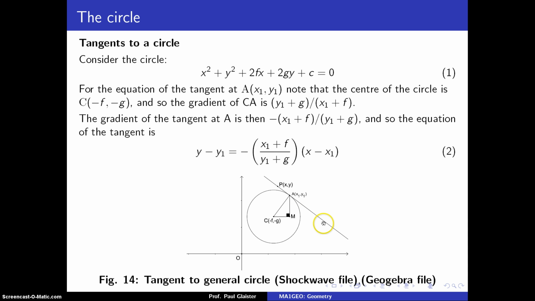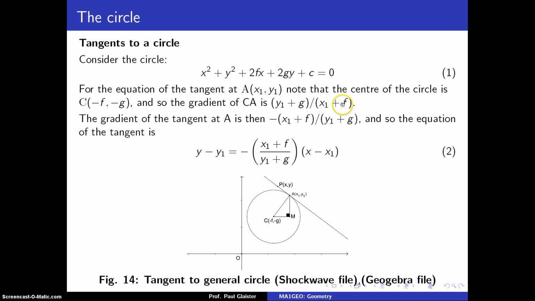Of course, the gradient of the tangent can be determined by the gradient of the normal. The gradient of the normal is this radius, and that's easy to work out. The gradient of the line CA is going to be the y difference, which is y1 minus g, divided by x1 minus f.